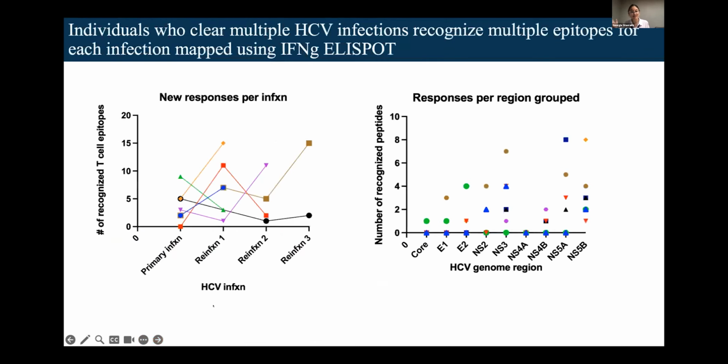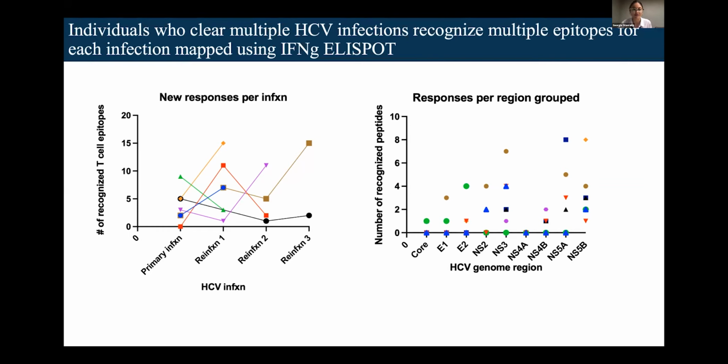So not only is HCV highly variable, but what I'm showing you here are mapped CD8 specific T cell responses to HCV in a cohort of people at risk of HCV infection that we follow in the lab. These are individuals who are at risk of infection due to injection drug use. And something I'll mention briefly, what's really unique about HCV is that it is a chronic viral infection.